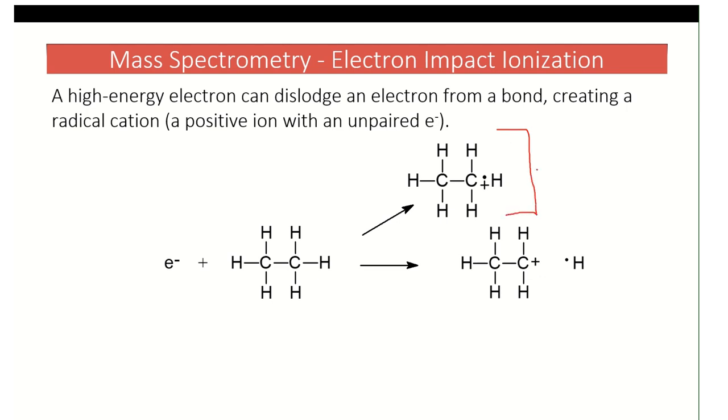So it's M+, and you can see fragmentation starts to occur. In this case we lost a radical and one atom, and we're left with this species. So this is an M-1 peak.